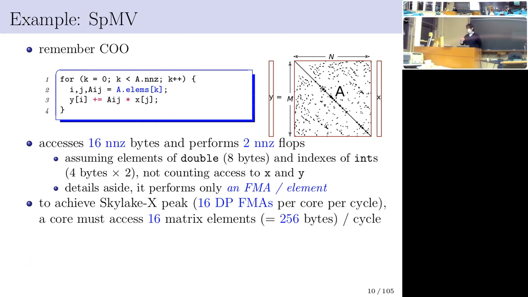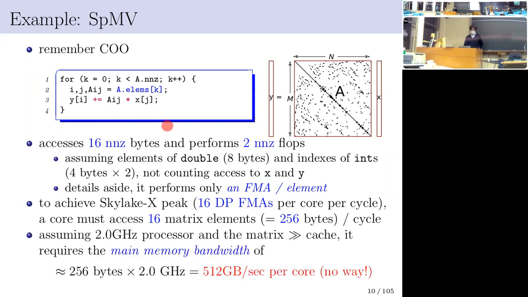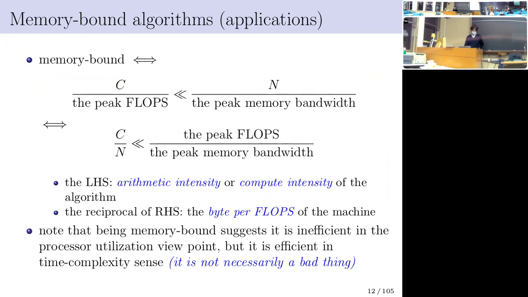So given n non-zero elements, it performs only flops proportional to the number of non-zero elements. So it's a very typical order n algorithm. There's an alternative way to understand this, both from the perspective of the algorithm and of processor design.